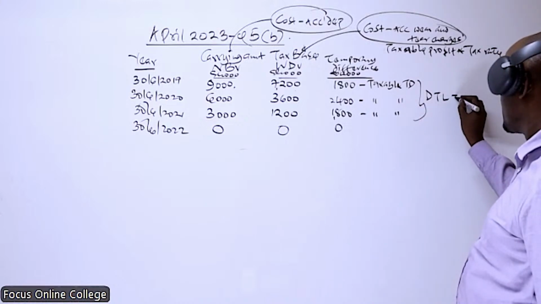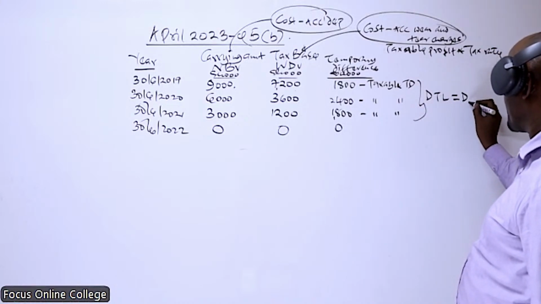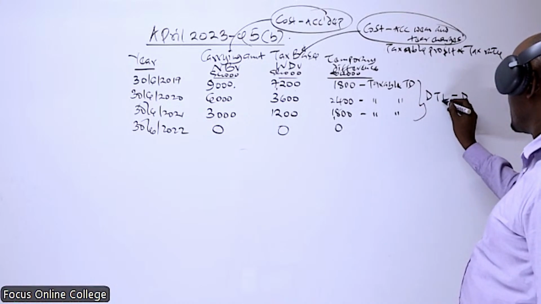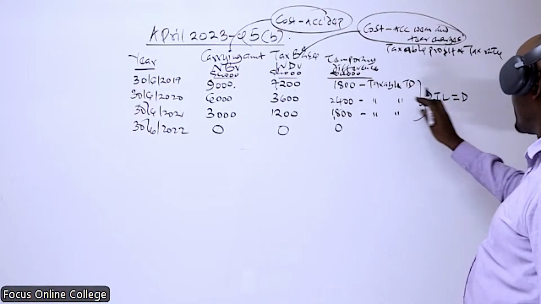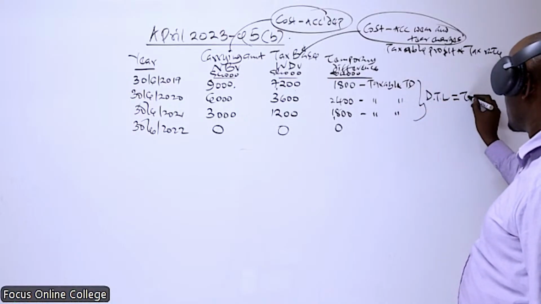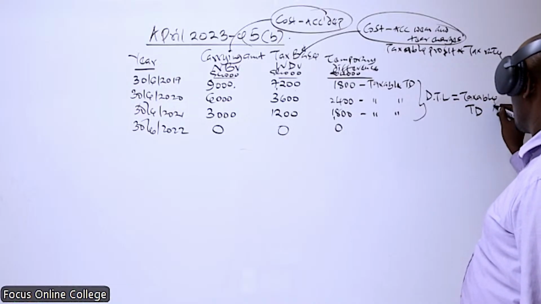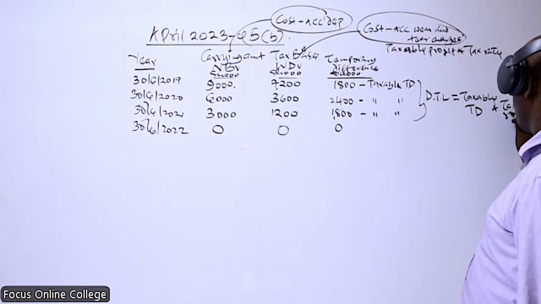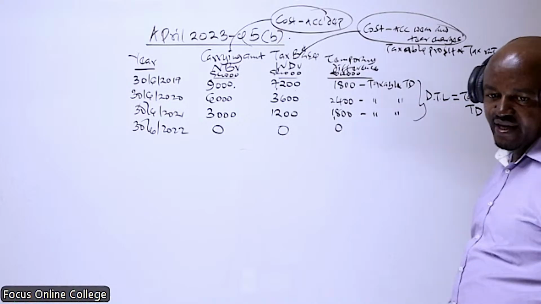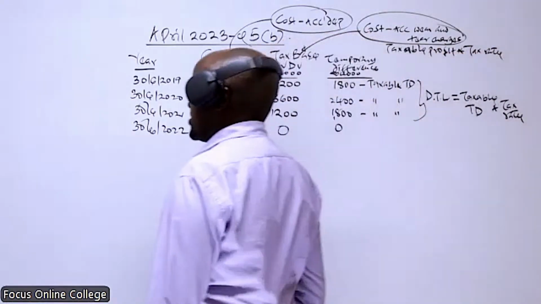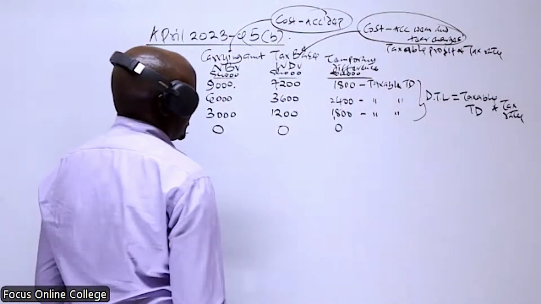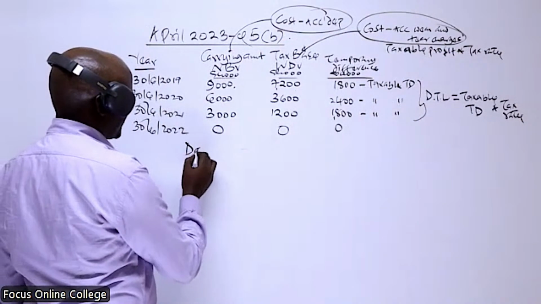How do we compute this deferred tax liability? The deferred tax liability is computed by taking the taxable temporary difference and multiplying it with the tax rate. So in this case, we can compute now.